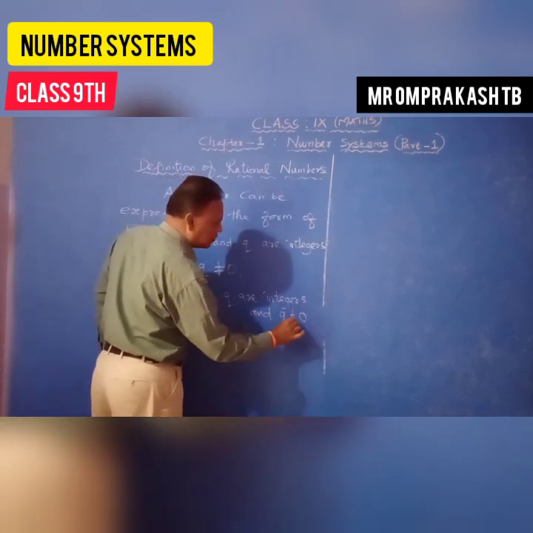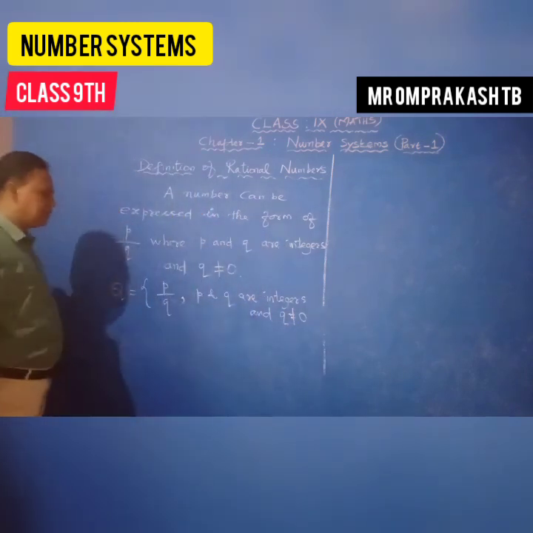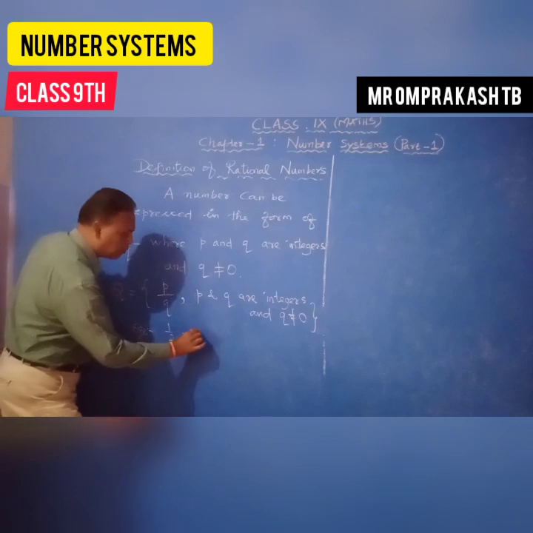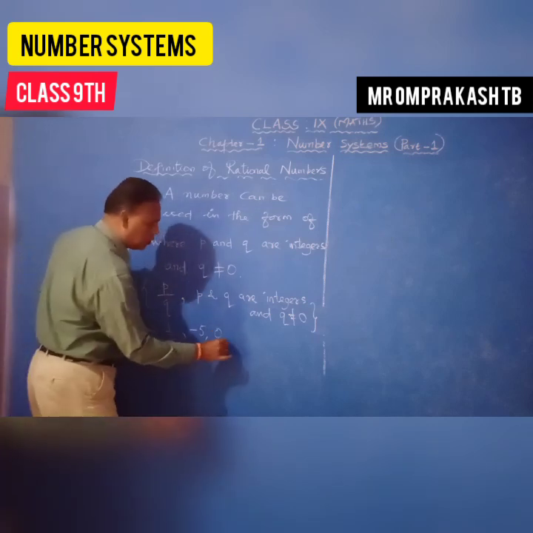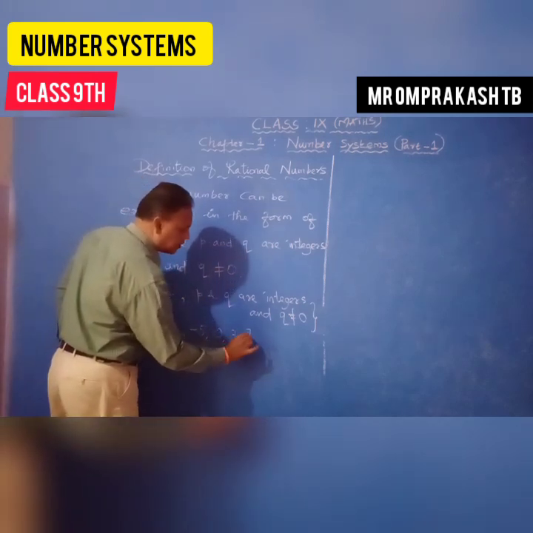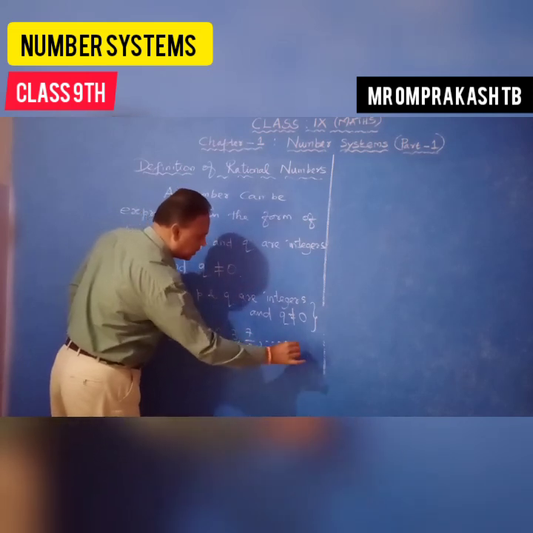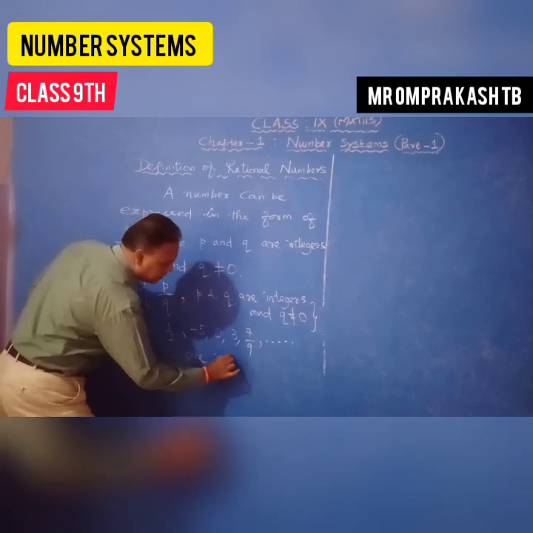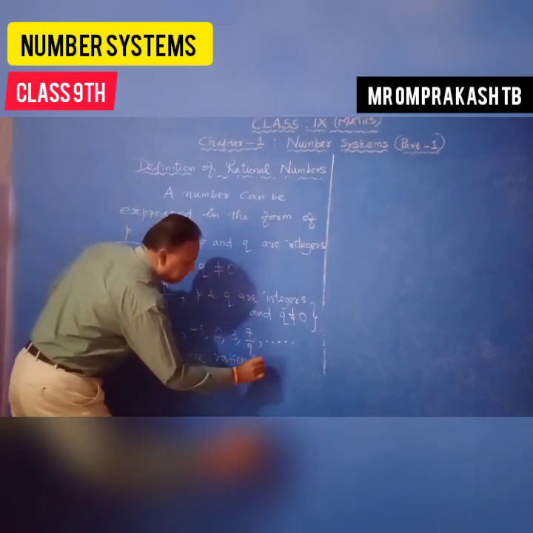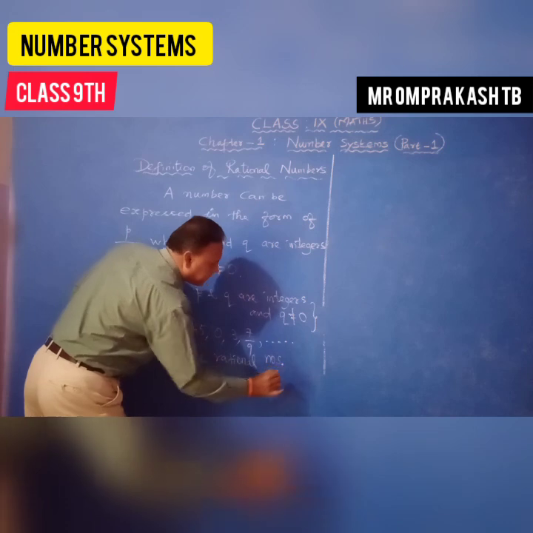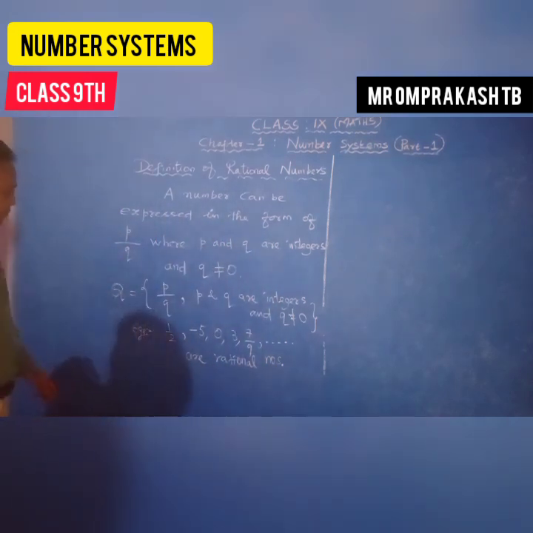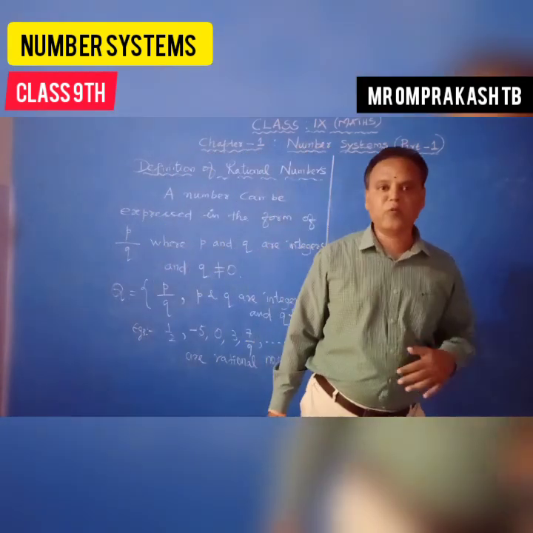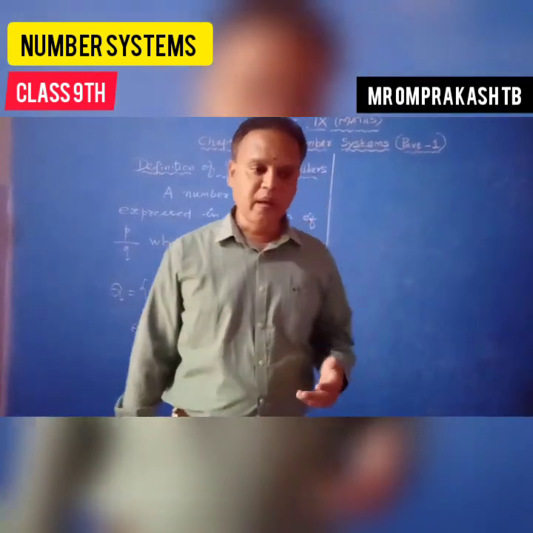Examples are 1 by 2, minus 5, 0, 3, 7 by 9, etc. They are rational numbers. So in the rational numbers, you have many types. Clear?